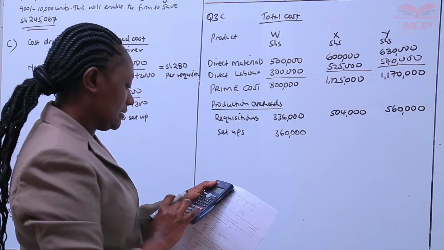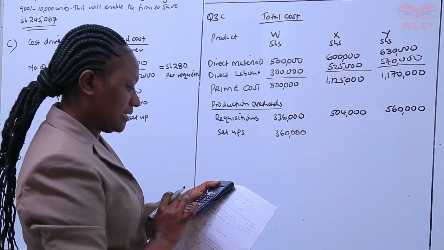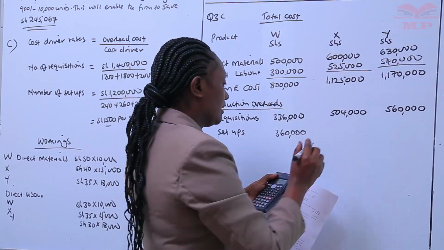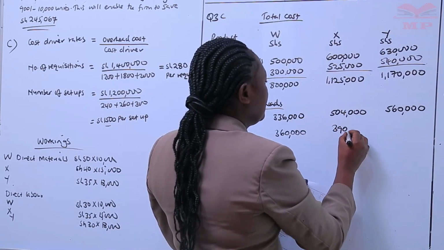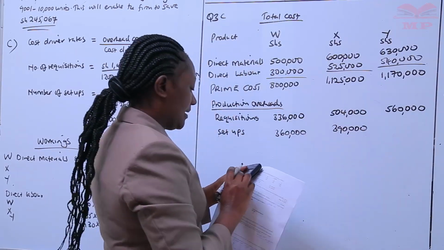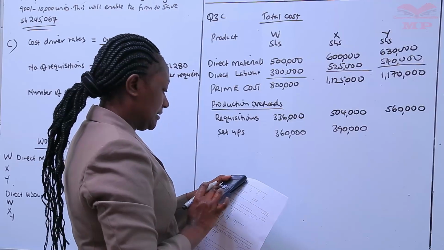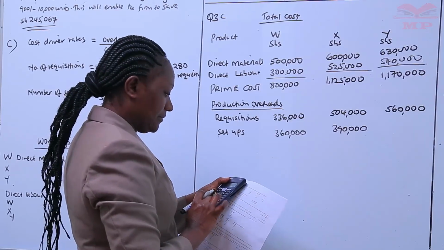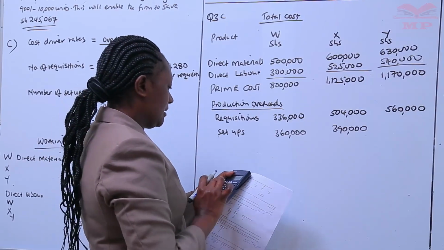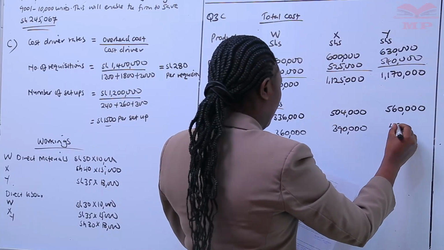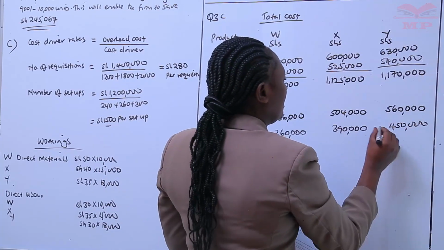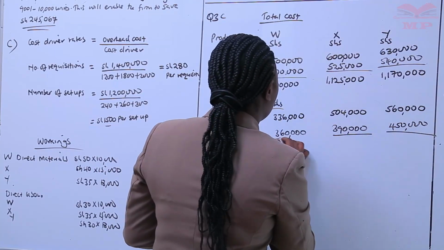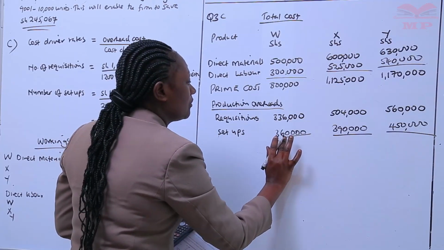For X, 1,500 times 260, which is 390,000. And then the last one, Y is 1,500 times 300, which is 450,000. From there, we now get the total cost.